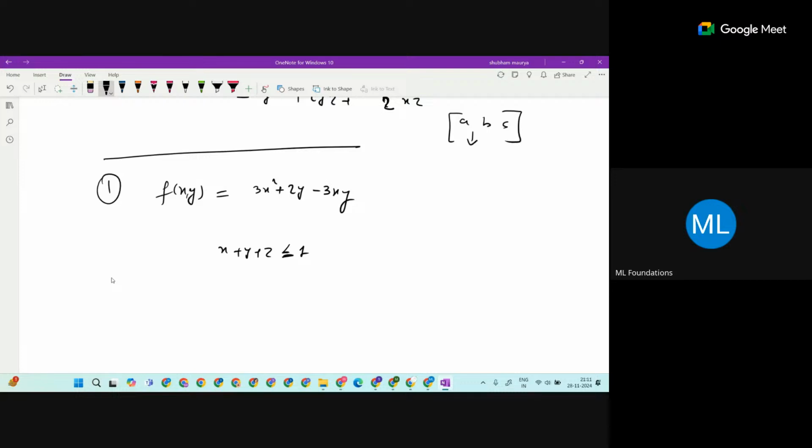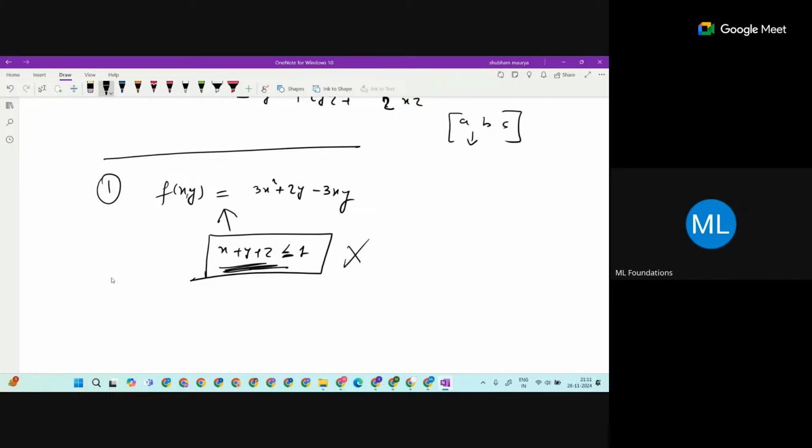It tells you that I want to optimize this function under this constraint. So this is called constrained optimization. You will see this in week 9, but here we are only on unconstrained optimization, so surely this would not be there.